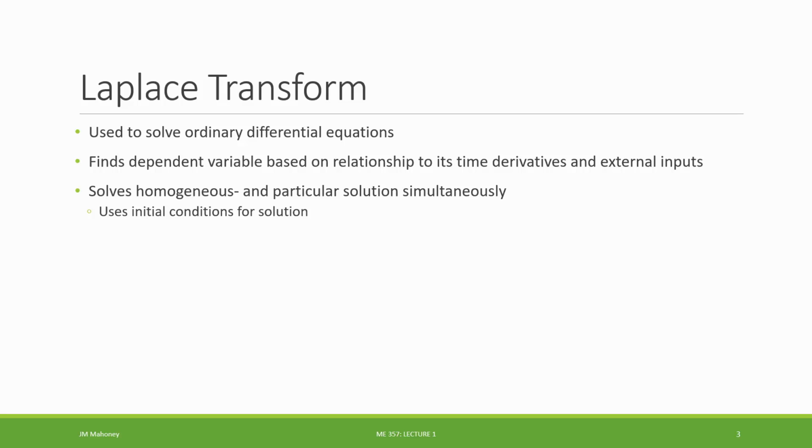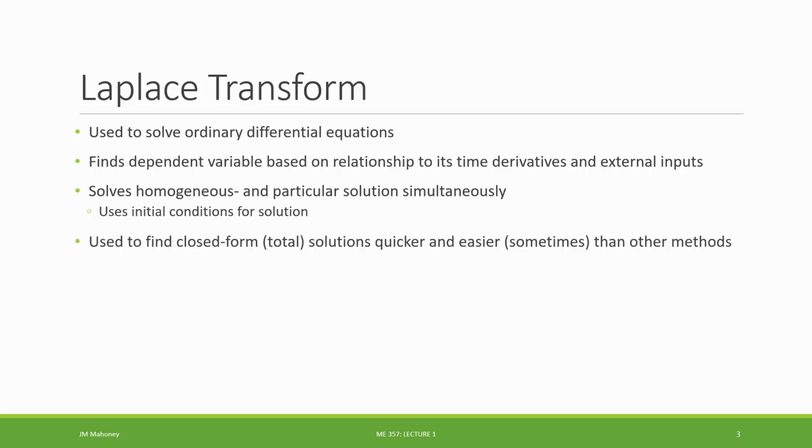The Laplace transform, as we're going to see through the examples, does all of these steps kind of at the same time. And depending on what the ODE is that we're dealing with, it can solve them quicker and easier than some other more general methods that you might have looked at. It's going to depend on the order of the equation.